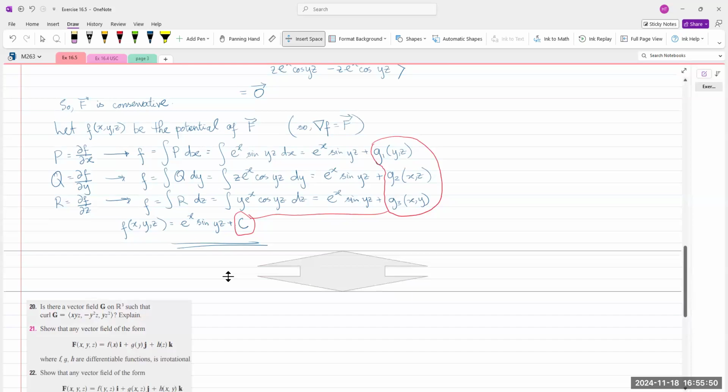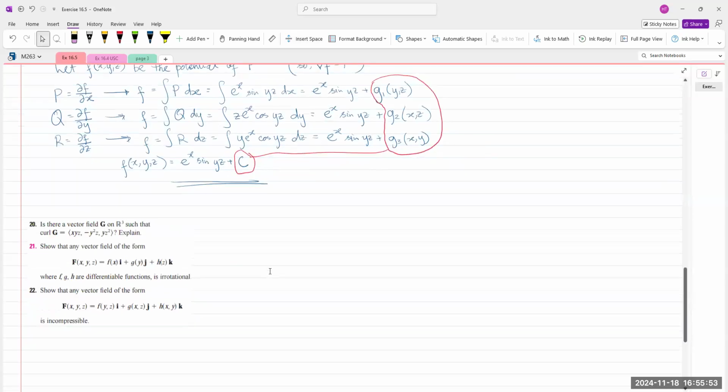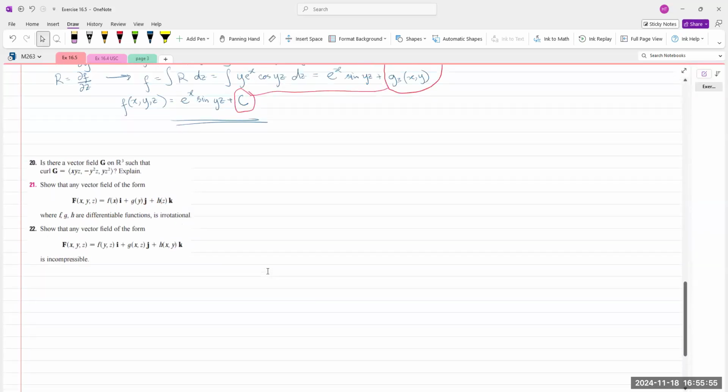We get into some theoretical questions here. Number 20. Is there a vector field G such that the curl of G equals that?